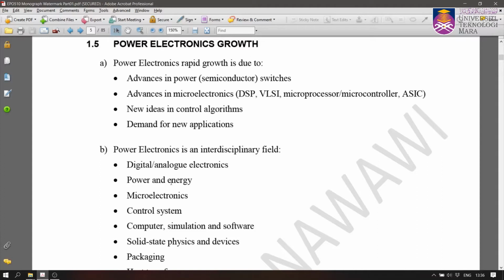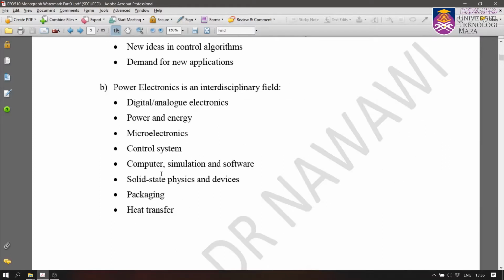For example, you have power and energy for the conversion, digital and analog electronics to control the device, as well as microelectronics. You need to apply control systems in controlling the output voltage. Computer simulation and software: before you construct the circuit and develop the hardware, you must go through computer simulation.